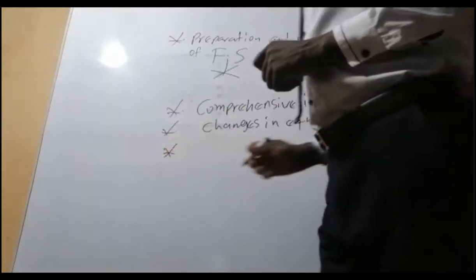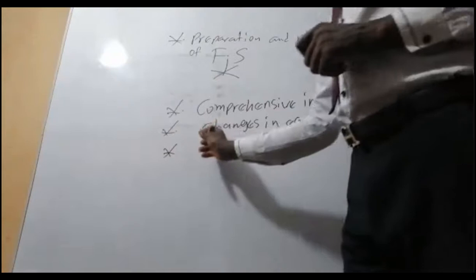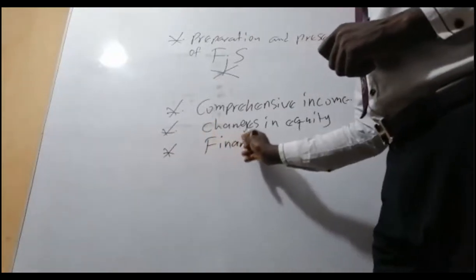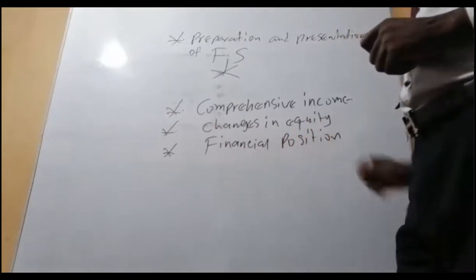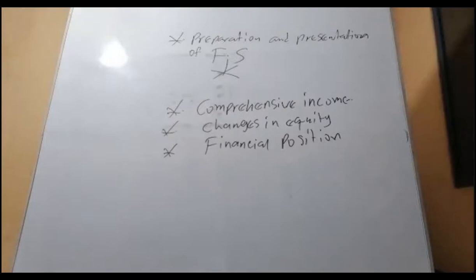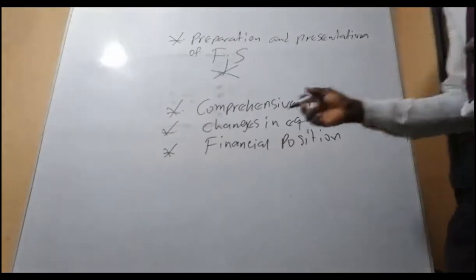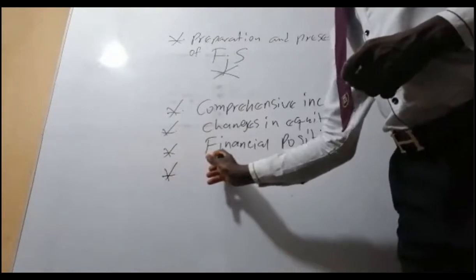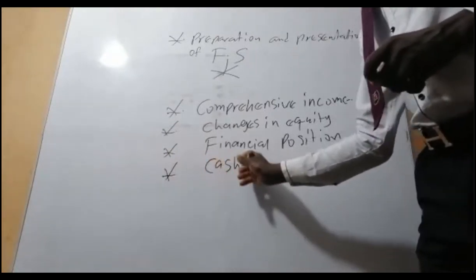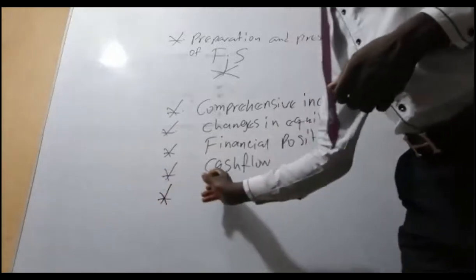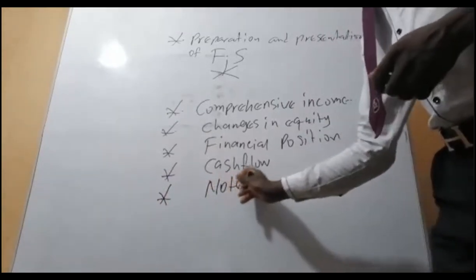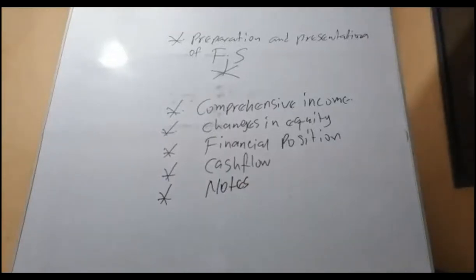Third one, financial position. Then the statement of cash flow. Then finally, the notes. The notes. For examination purposes, the notes are what? The workings. For examination purposes.